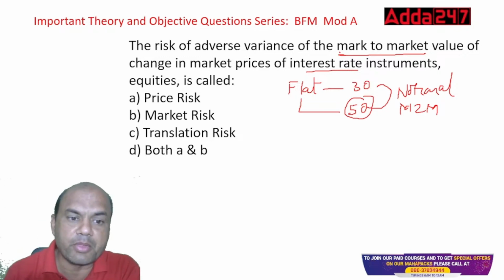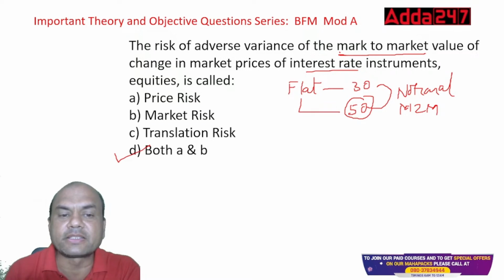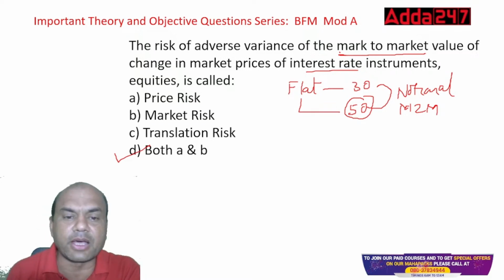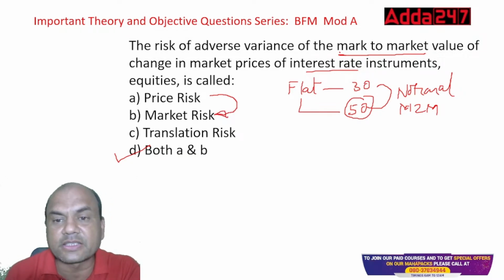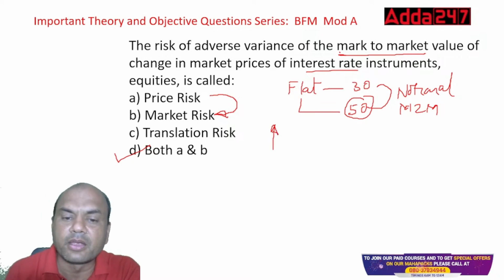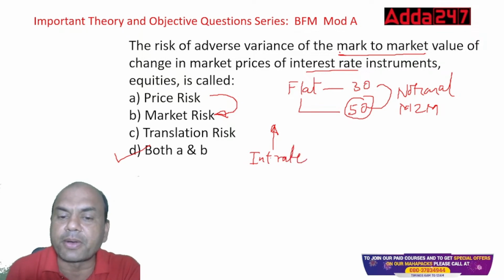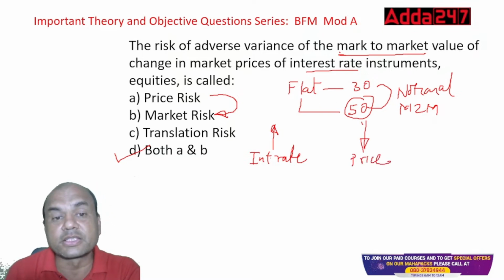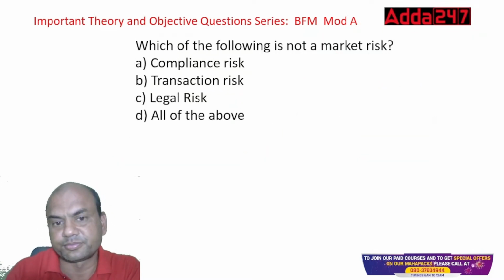I'll explain, not an issue. It is both A and B, price risk and market risk, because market price risk is actually a part of market risk. And price risk arises because of interest rates. If interest rates go up, then the price of the bond will go down. Price will always go down. So this is the logic behind it.